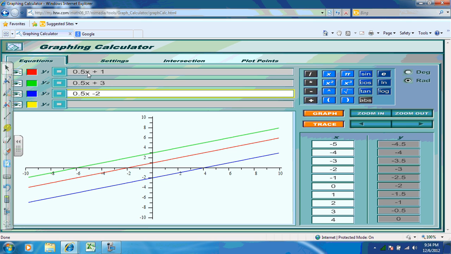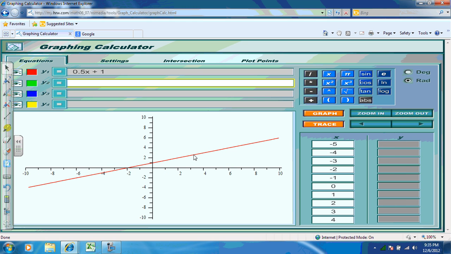What I'd like to do now is go back and type another equation and help you understand the idea of slope, or inclination. So if I type the line here, 0.5 is a fairly slow inclination. If I increase that by 2, 0.5 times 2 is 1.